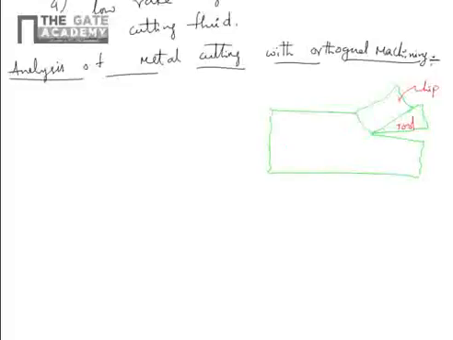This is chip. This one. So initial thickness is T1. T2 is chip thickness. So this one is shear angle.